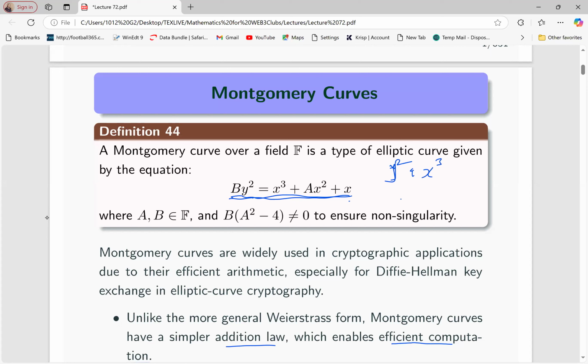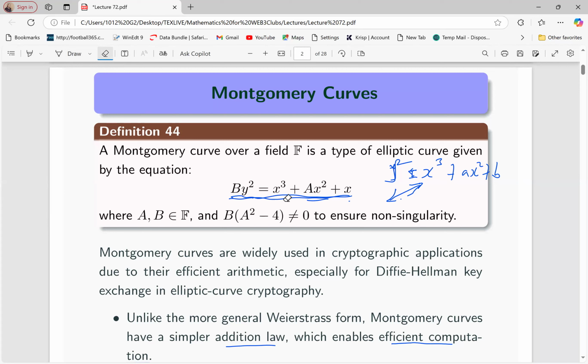The short Weierstrass curve, we know, is this. We want to see whether it's possible to convert this to that and vice versa. It's always very good to know how to transform one curve to another curve. It's always very useful in cryptography.